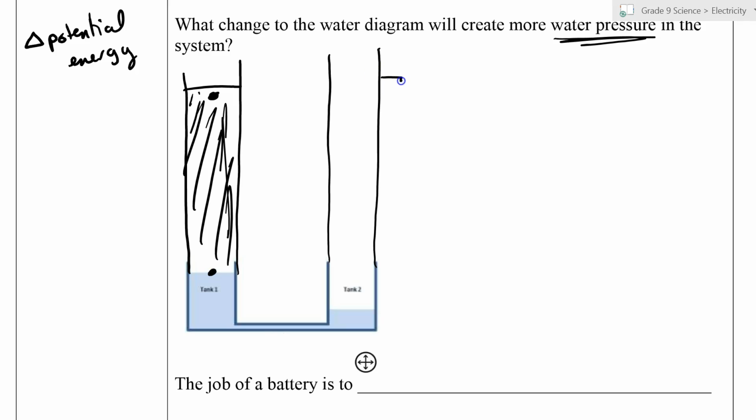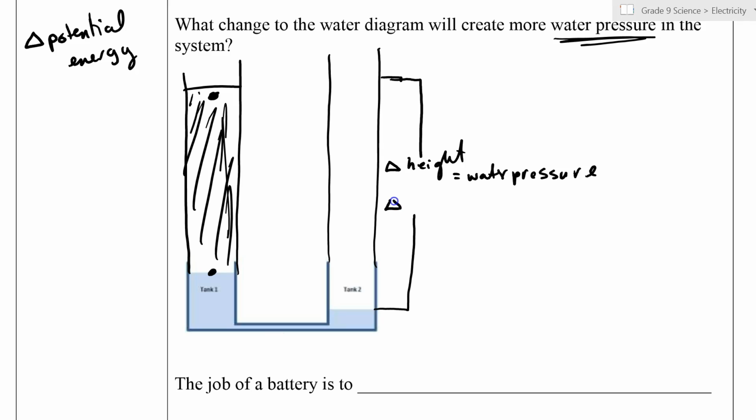So, the difference in height, so delta, the difference, that's just a physics symbol for difference. The difference in height, or the change in height, equals water pressure. That is our potential energy, difference in potential energy.